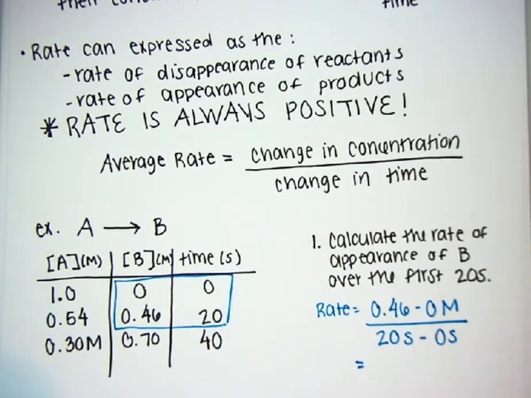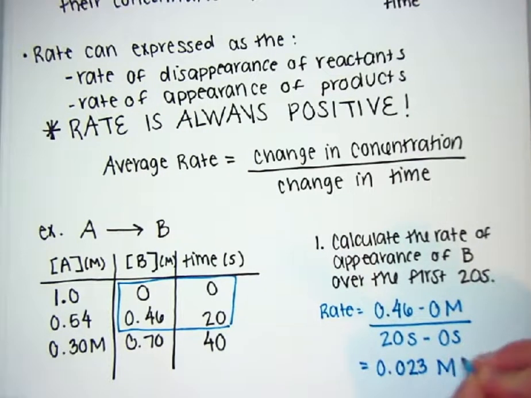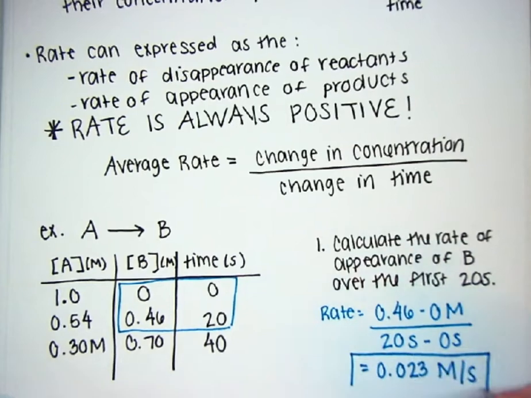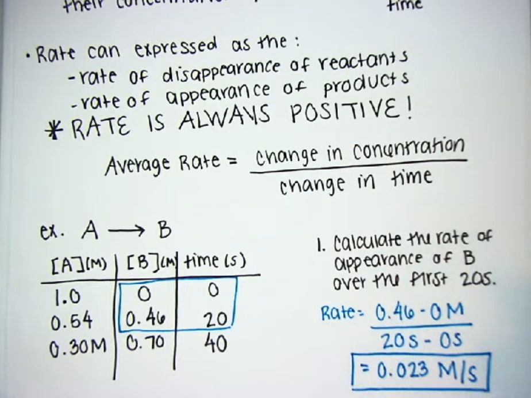So 0.46 divided by 20 gives me 0.023 molar per second. B is appearing at a rate of 0.023 molar per second in the first 20 seconds.